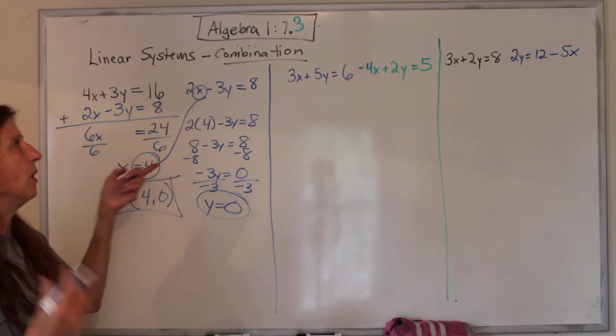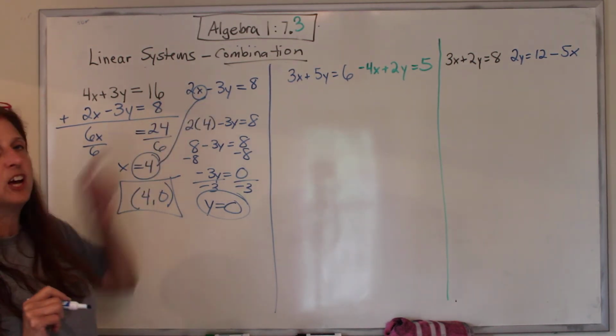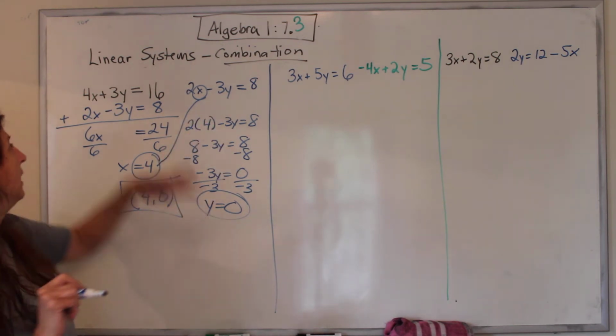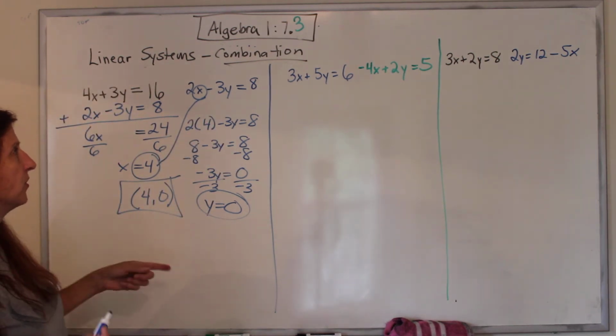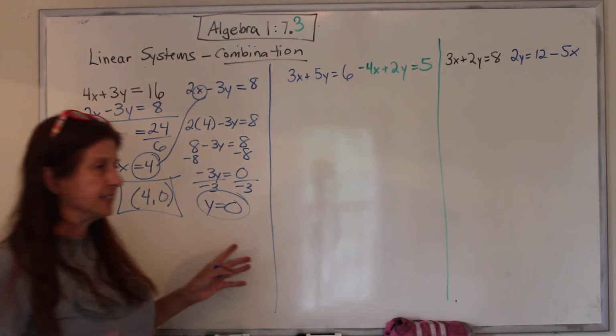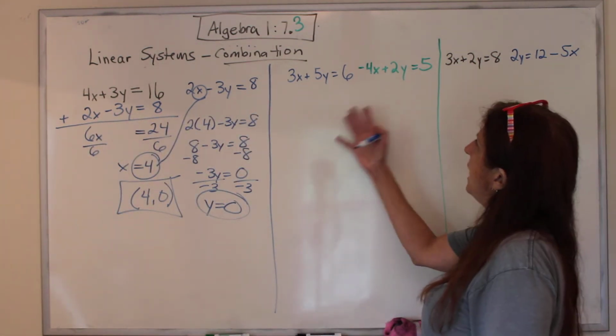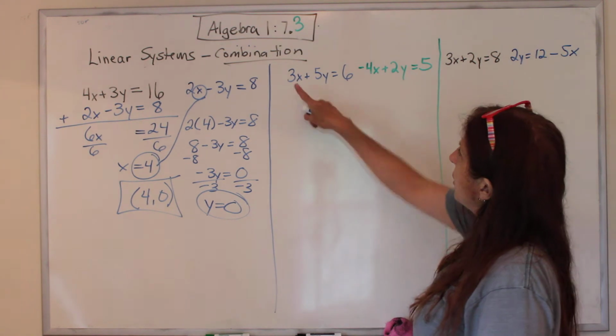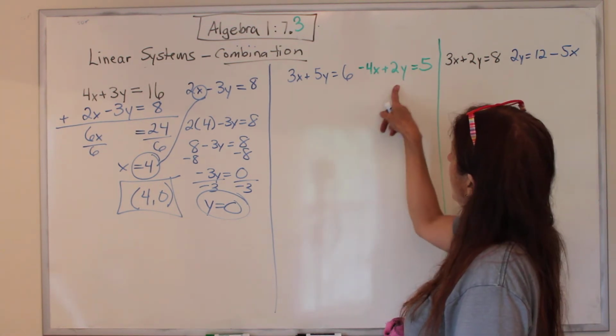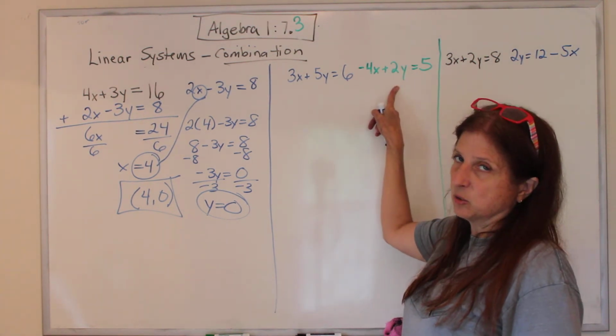Now, one reason why I didn't like teaching it is because you end up doing the substitution anyway. The combination's only for the first half. And then the second reason is sometimes you don't have equal and opposite and you have to mess with it. 3, 4, 5, 2. It doesn't work.